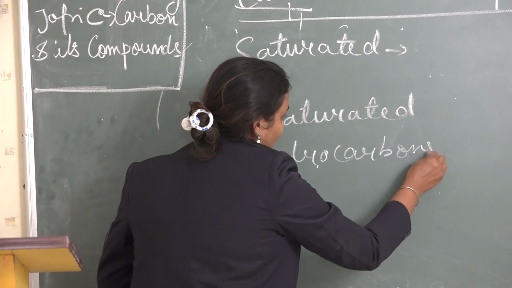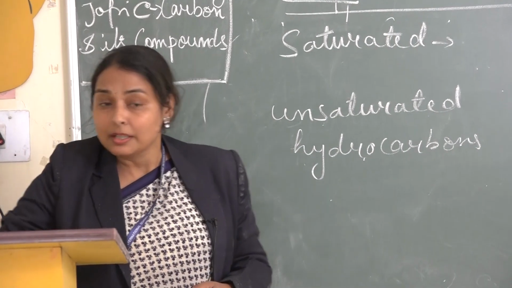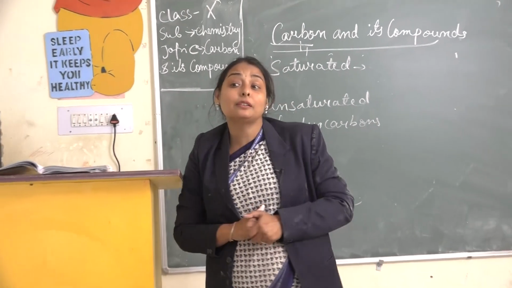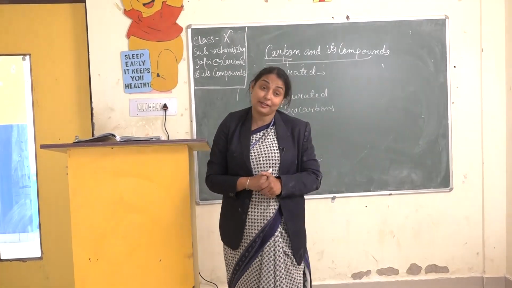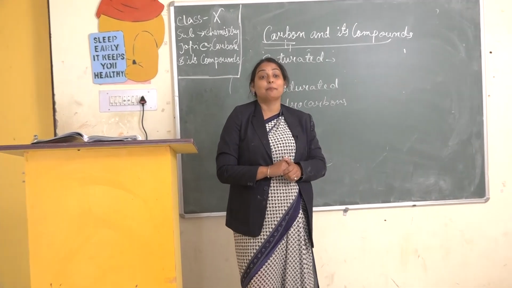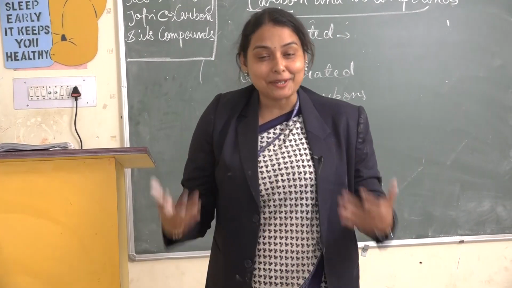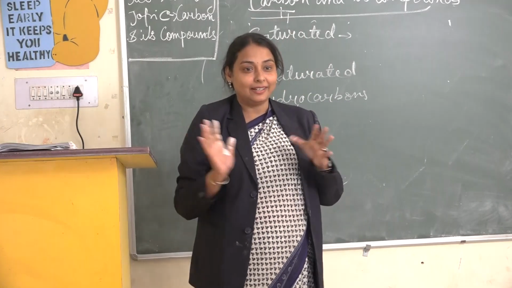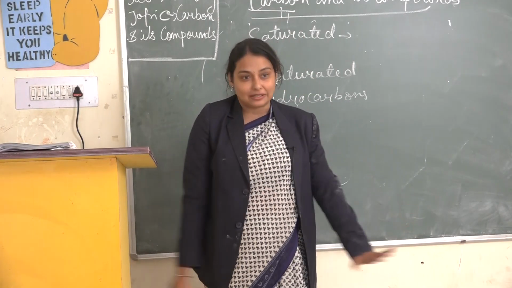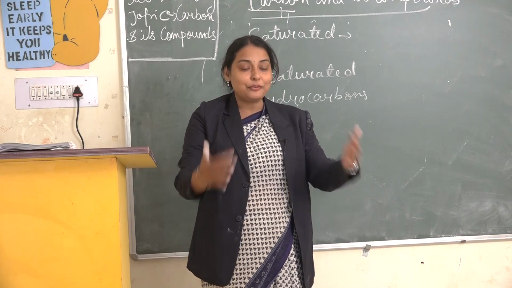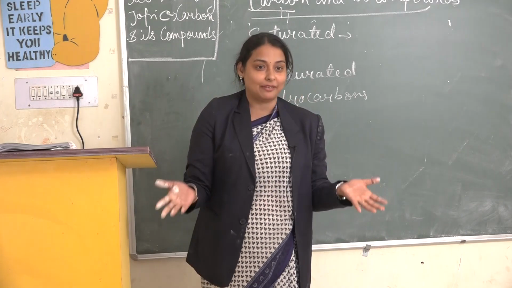Now student, one thing I am clearing up: carbon can be in two forms, one in a free state and the other in a combined state. If we talk about the free state, it is like we are standing alone, we don't have any partners beside us, I am the only one there.